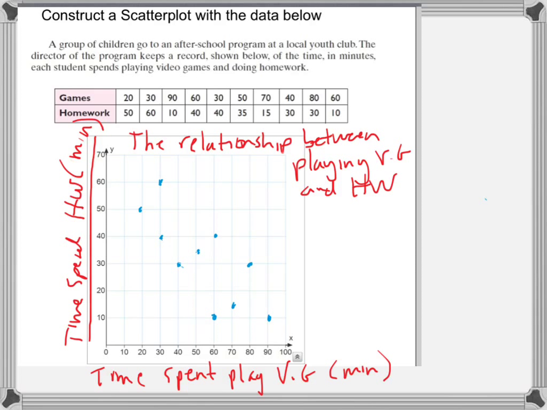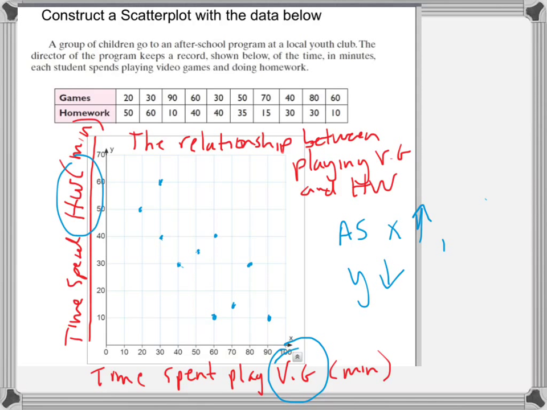So it appears that the relationship here is as x increases, y decreases. So as the amount of time spent playing video games increases, the amount of time spent doing homework decreases.